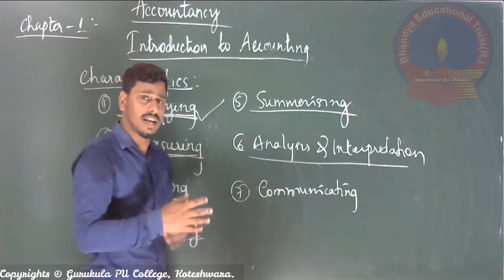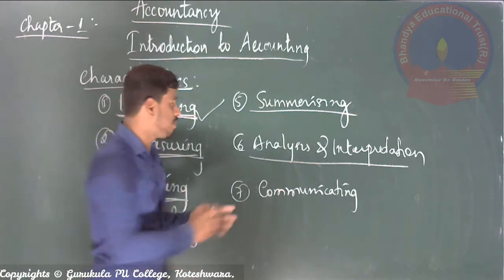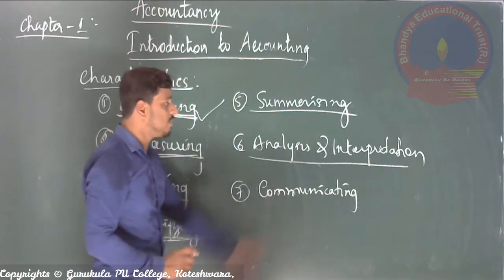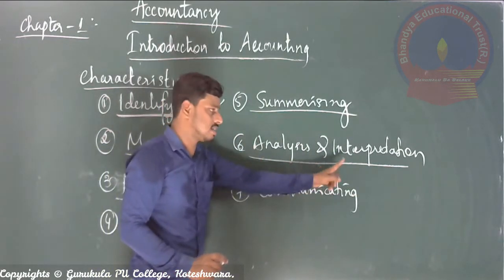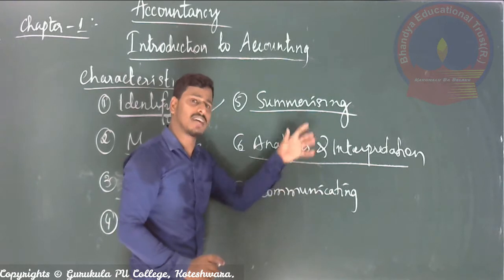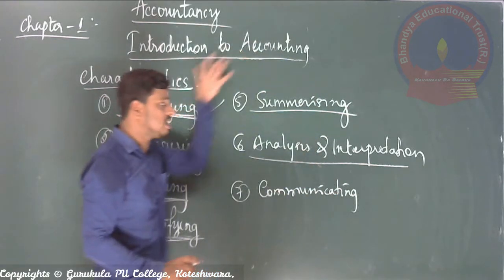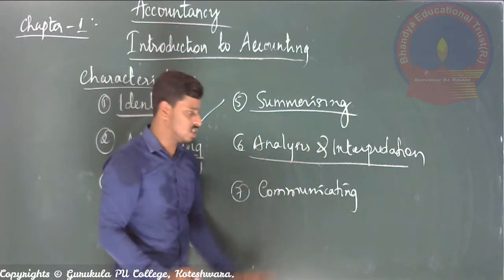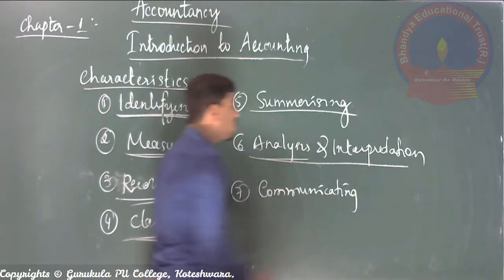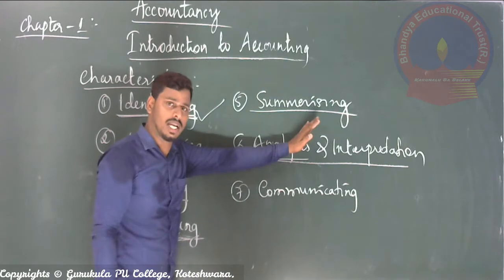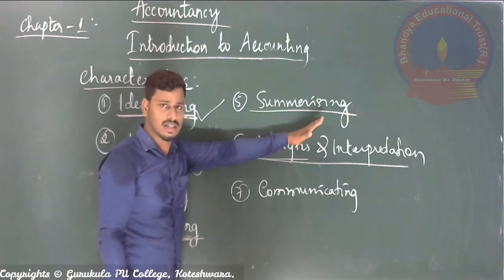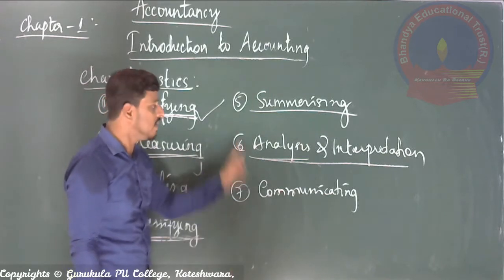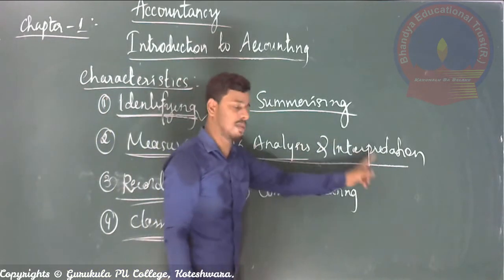All those things can be done in the process of analysis and interpretation. Students, analysis and interpretation is nothing but making conclusions about the things recorded in the previous processes. Usually you get the result in summarizing, and it can be concluded or finalized in the process of analysis and interpretation.